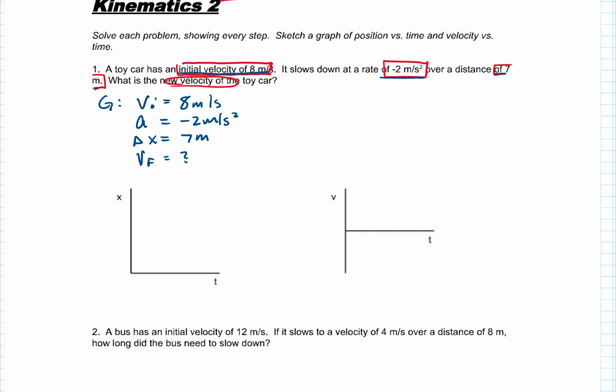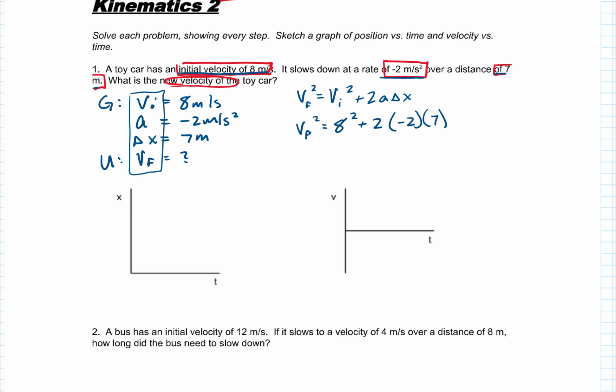That's our unknown. So what we need to do is pick an equation that has all four of those things in it. Our equation is v final squared is equal to v initial squared plus 2a delta x. So our final velocity squared is going to be equal to, we're just going to plug everything in, 8 squared plus 2 times negative 2 times 7.